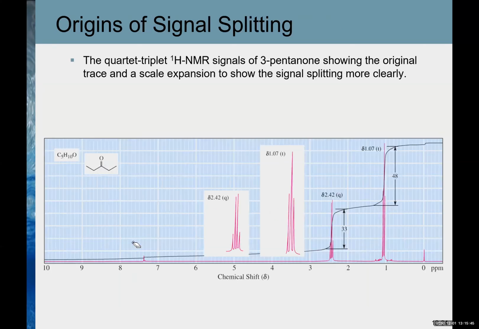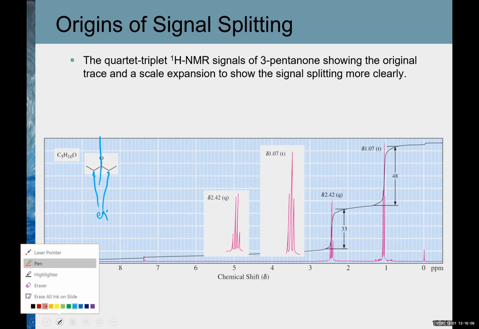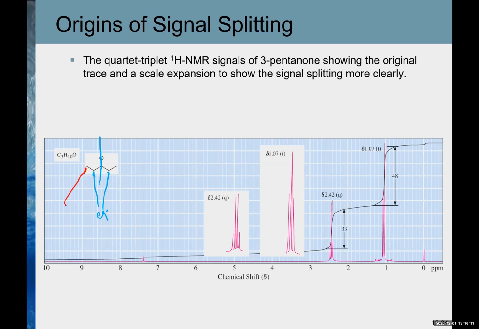When we have multiple, let's take a look at this. Graph the multiplicity. In this case, there is a symmetry here. So these two are equivalent hydrogens, and then the other two are also equivalent. So this one and this one are also equivalent. So we have two sets of hydrogen.